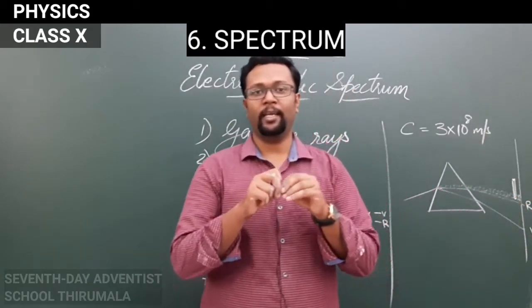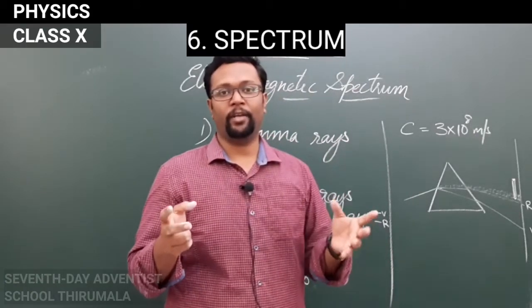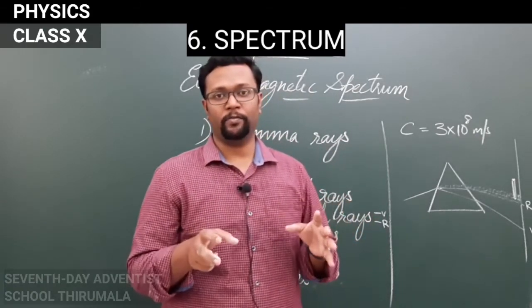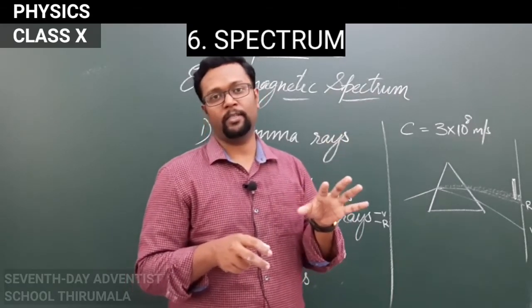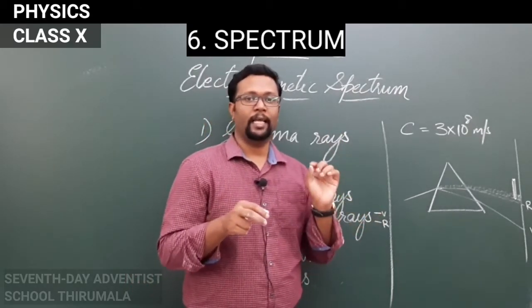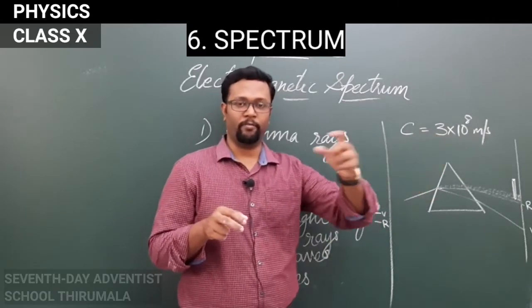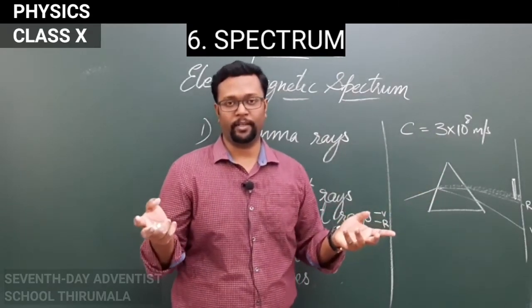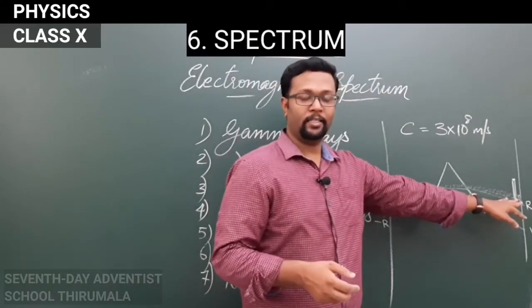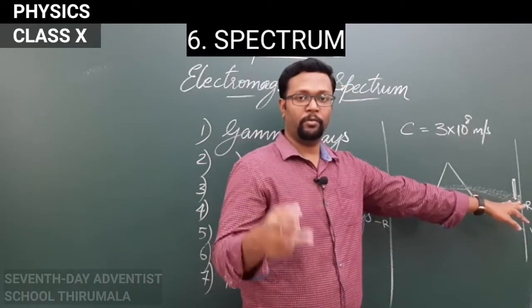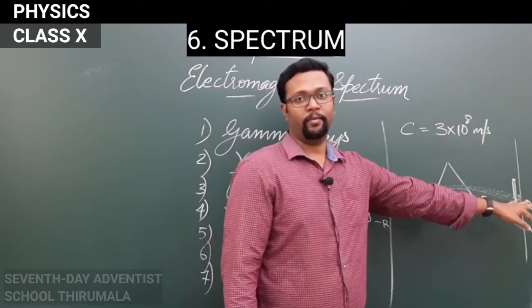Scattering is actually the spreading of the light ray due to particles in the atmosphere. You know fog, mist and all. If fog and mist are in the atmosphere, the light will not pass through it. Light will be reflected back or dispersed in different directions.